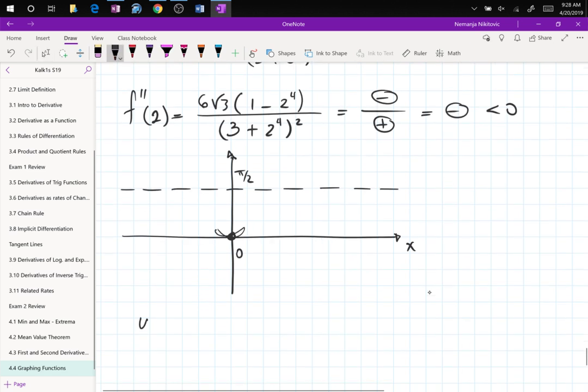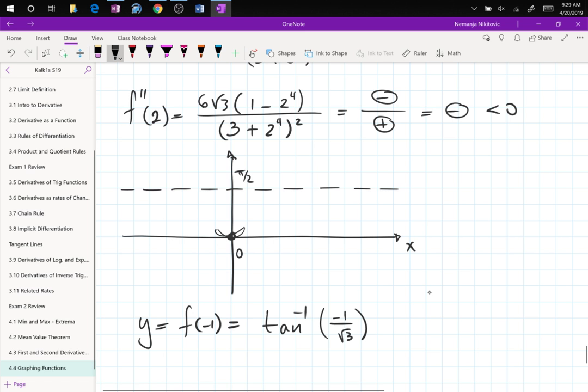And we have to compute the y value for negative 1 and 1. So that's going to be inverse tangent of negative 1 divided by root 3.